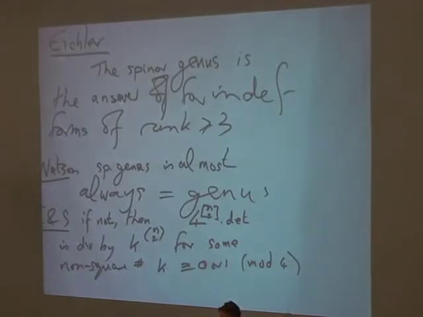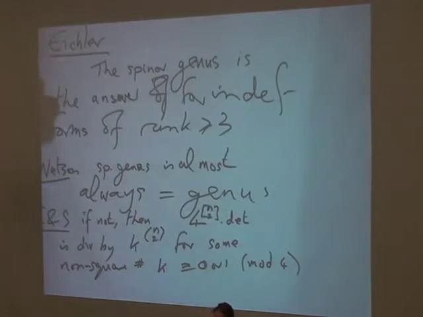So 125 you actually can't do for a 3-dimensional form. It's still true that the spinor genus is equal to the genus. But 250, oh yes, there are 2 forms of determinant 250 that are in the same genus, but not in the same spinor genus. So the general message of this is you seldom have to worry about the spinor genus.